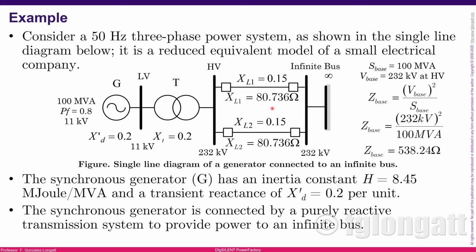And that is the real inductive reactance that I need to put inside DIgSILENT PowerFactory, okay? I will repeat, it's extremely simple. What you need to do is multiply the per unit value by the impedance base, and from there you will obtain the real impedance, the real reactance in this case, and the value is here, okay?